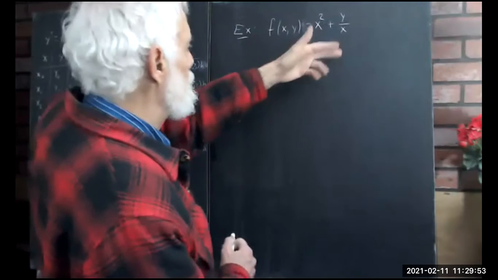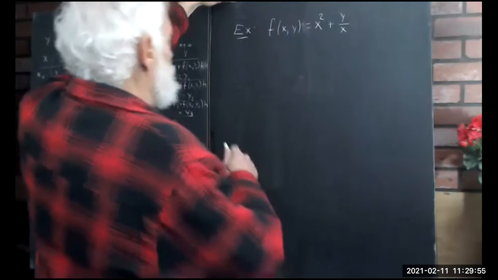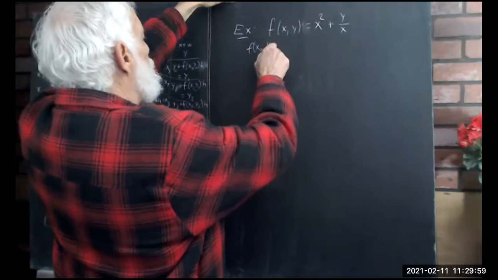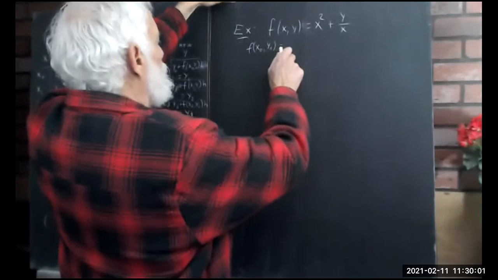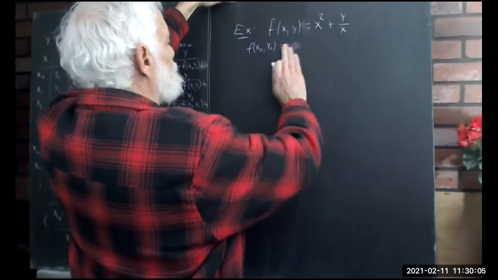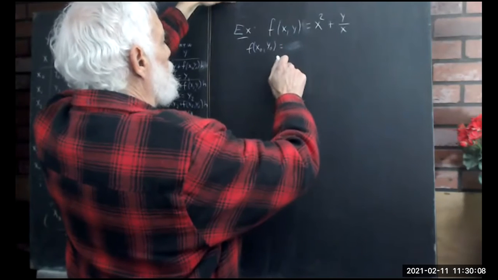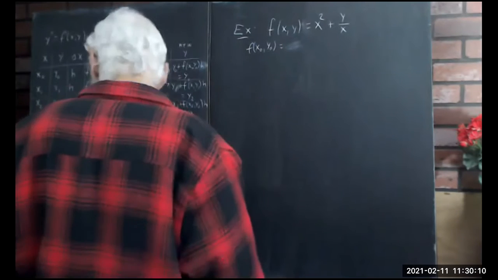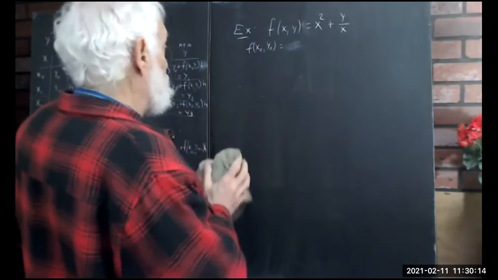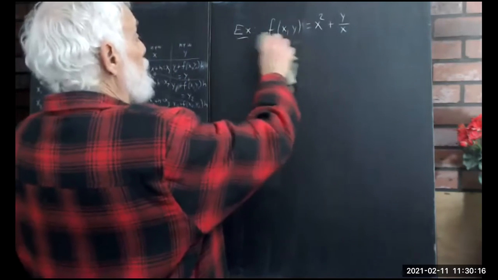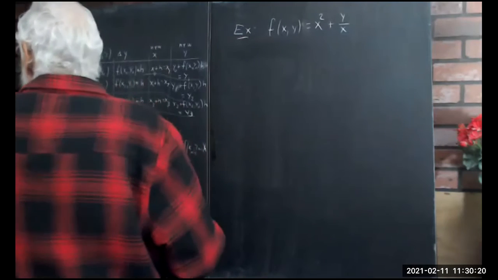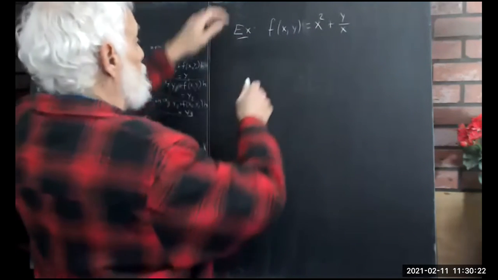Okay, well, here we have it. Okay, so let f of x naught, y naught equals 0.5 equals one f of x, y naught, and I was about to write my increment, and I realized that what I was writing made no sense.